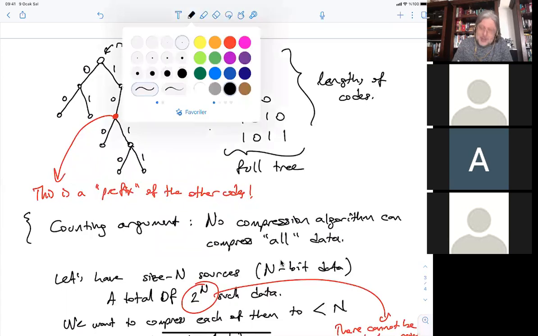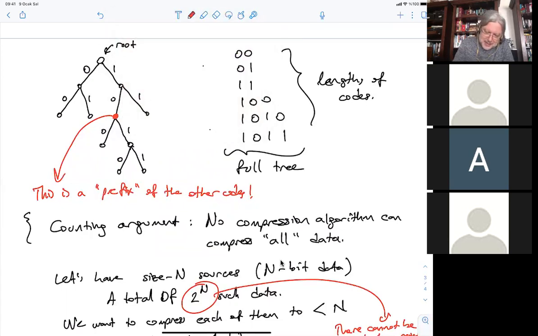It's always a good idea to check scientifically. We have 2 to the minus 2, which is 1 over 4. Then again 1 over 4 for the second one, 1 over 4 for the third one, then 1 over 8 for the next one with 3 bits, then 1 over 16 and 1 over 16 for the last two.